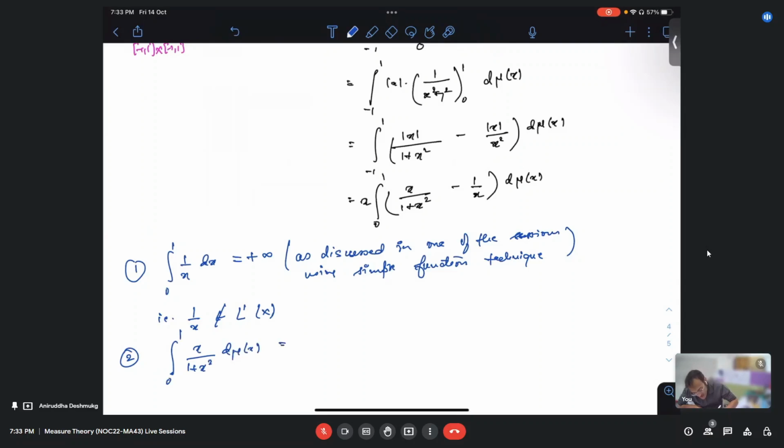If I multiply by 2 here, then it is a derivative: 2x over 1 plus x square. This is 1 over 1 plus x square from 0 to 1 using the fundamental theorem of calculus, and it is half minus 1, which is minus 1.